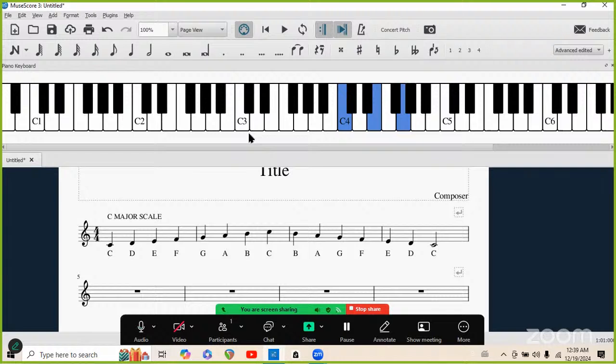That's the C major chord that consists of C, E, and G. Now, just like we played the major scale, we are going to play the triad for each note. And we can play it in descending order as well.